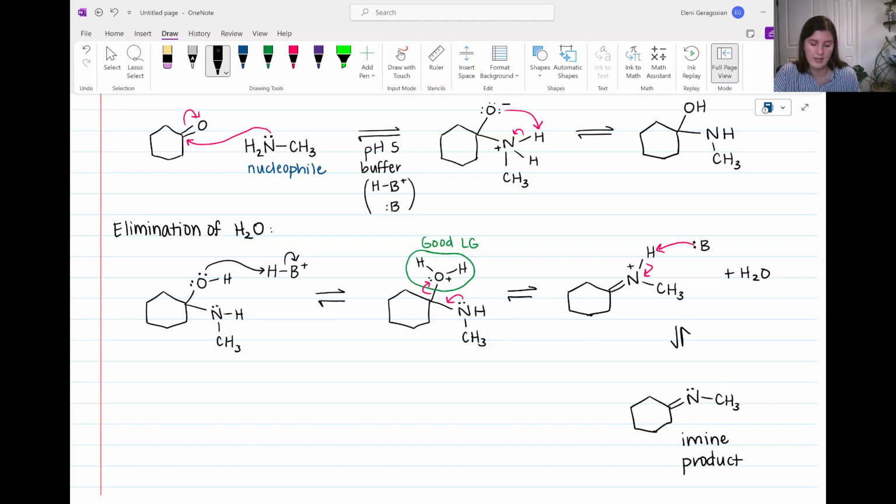And again, we can encourage the reaction to proceed in the forward direction by removing water, so taking water out of the reaction flask, and also adding heat to increase the reaction.